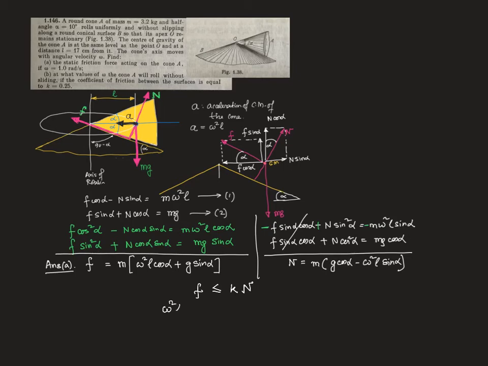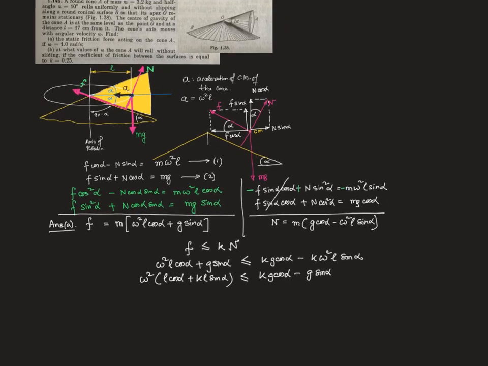So omega square L cos alpha plus g sin alpha is less than or equal to K times g cos alpha minus K omega square L sin alpha. You can bring in omega square times L cos alpha plus K L sin alpha is less than or equal to K g cos alpha minus g sin alpha.